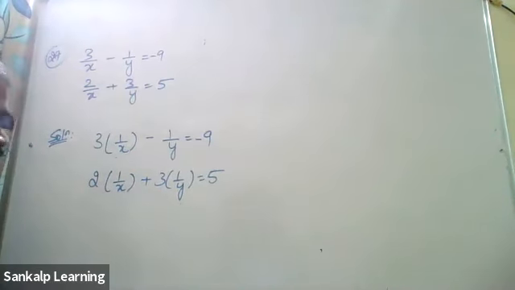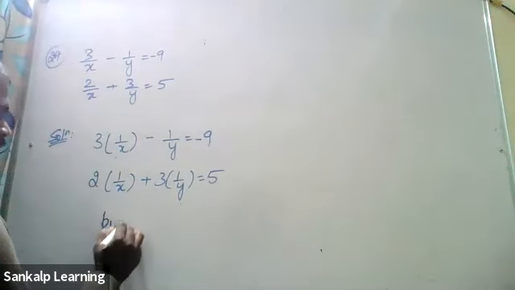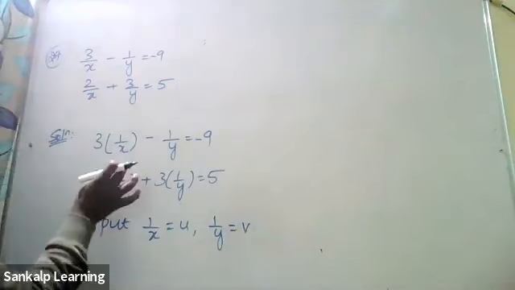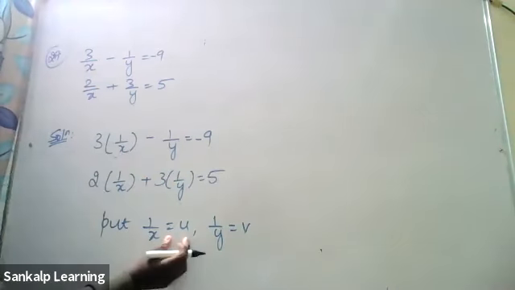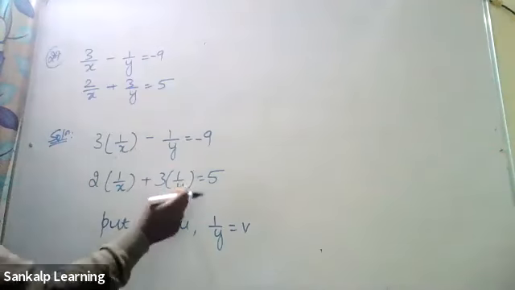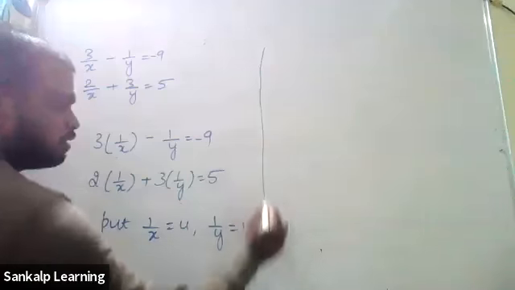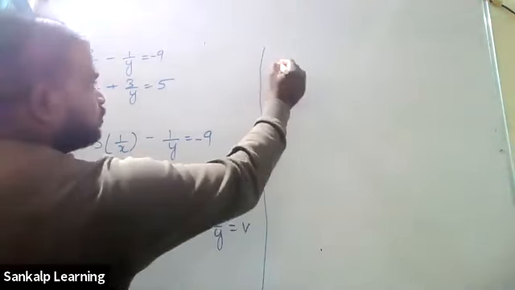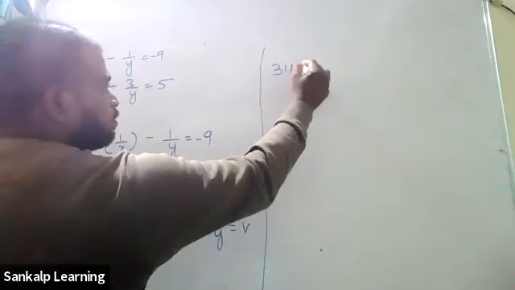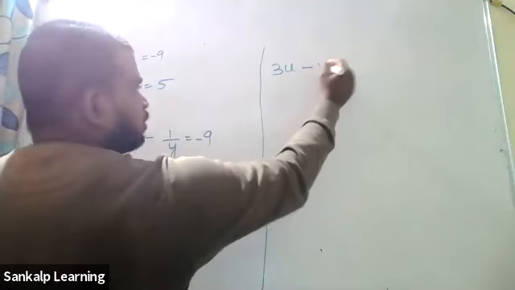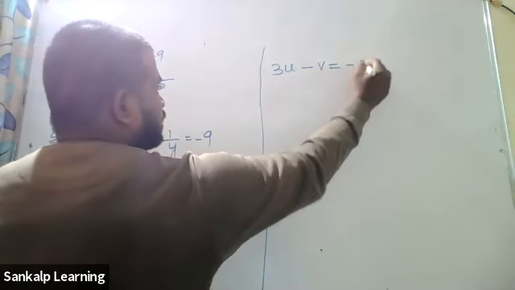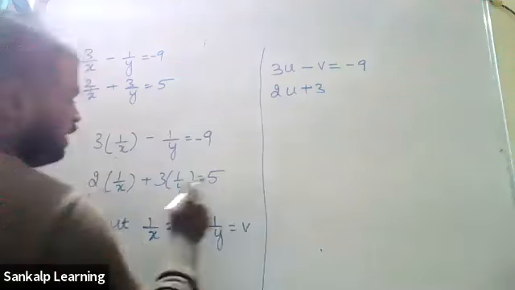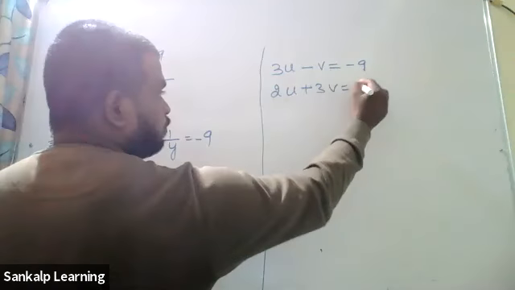Sir, we have to put u in the place of 1 by x and v in the place of 1 by y. Yeah, very good. Observe here: 1 by x is there, 1 by x is there; take 1 by x as u. Here 1 by y is there, here also 1 by y; take 1 by y as v. So wherever 1 by x is there, put u, and wherever 1 by y is there, put v. So 3u minus v is equal to minus 9. 2u plus 3v equal to 5.